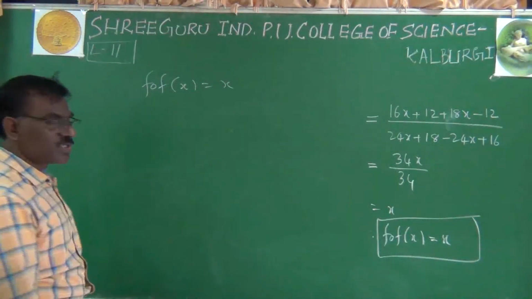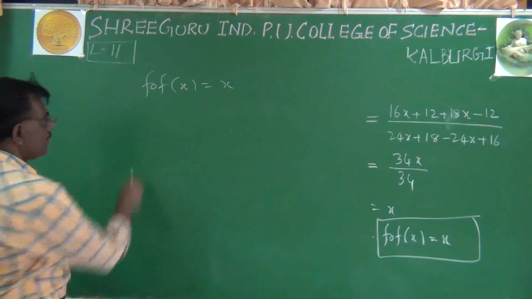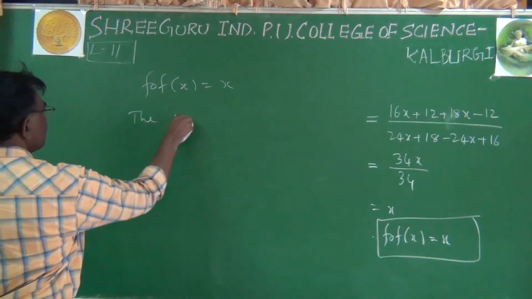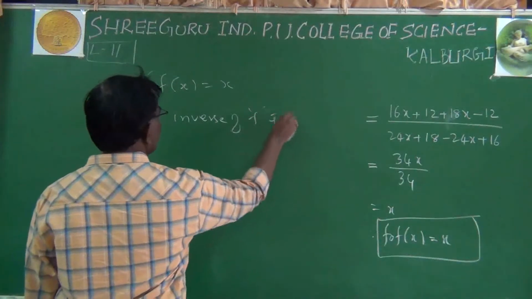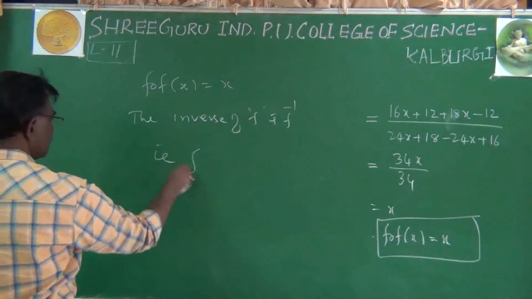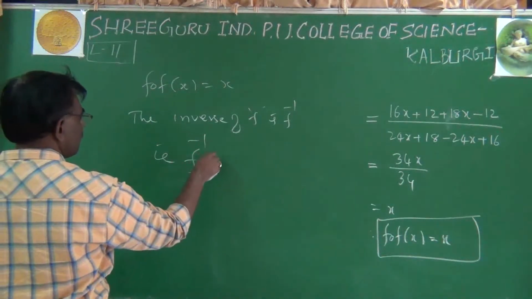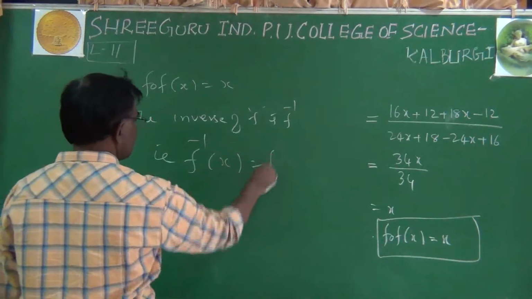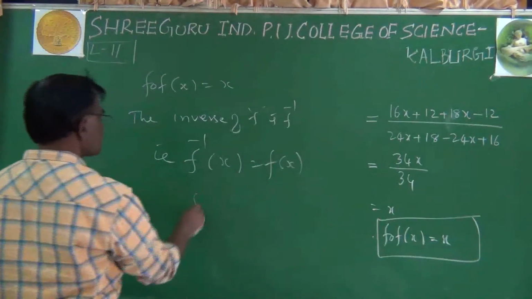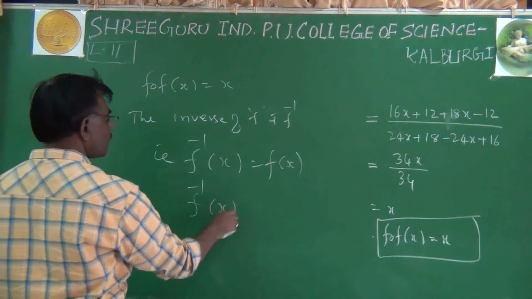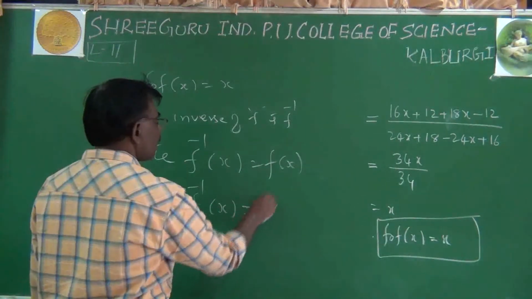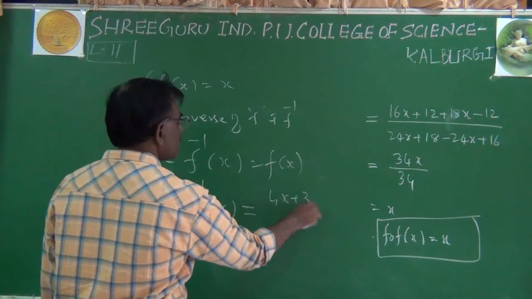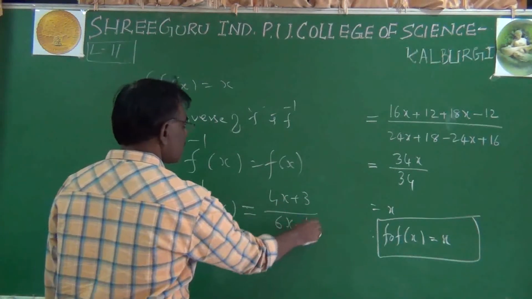Since f composition f of x is x, the inverse of f is f itself, that is, f inverse of x is equal to f of x. So f inverse of x equals 4x plus 3 divided by 6x minus 4.